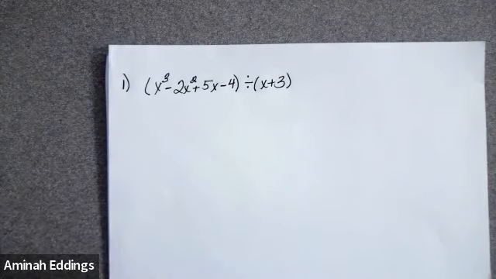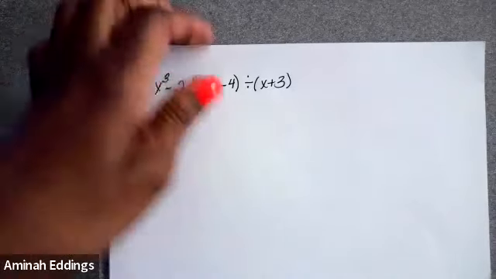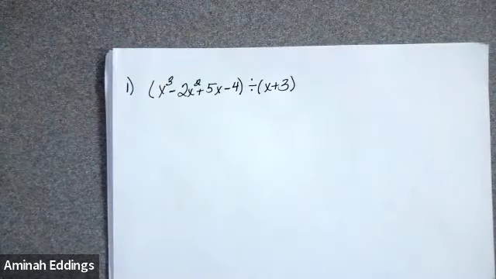Now, there are two ways to divide polynomials. You can divide them by long division or synthetic division. We're not going to look at long division because the problems that we're going to be working can all be completed using synthetic, okay?